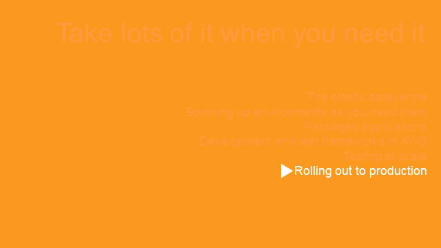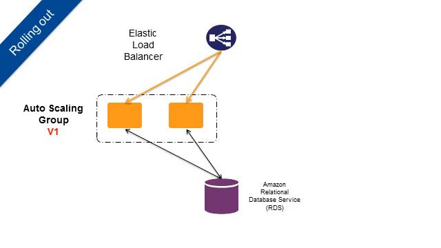Okay, let's look now at rolling out into production. And this is another area where this idea of using lots of capacity when you need it has a lot of benefit. So consider a scenario like this where you've got an existing version of your application that's running in an AWS auto-scaling group, and you've got an elastic load balancer which is delivering traffic to that.